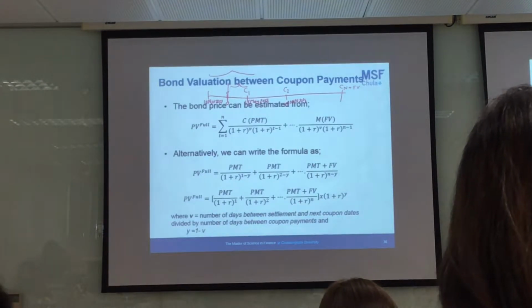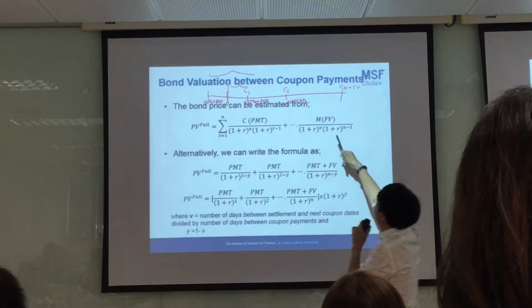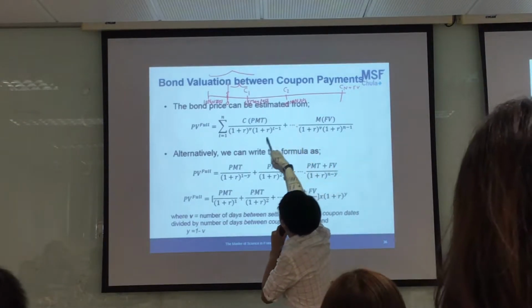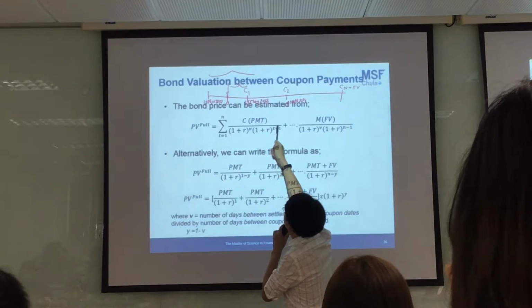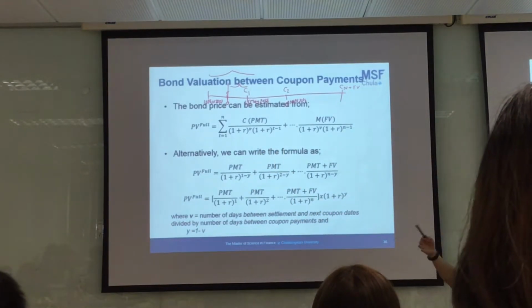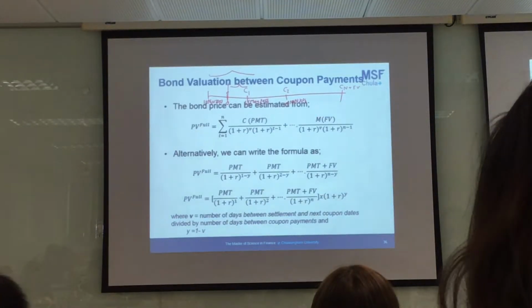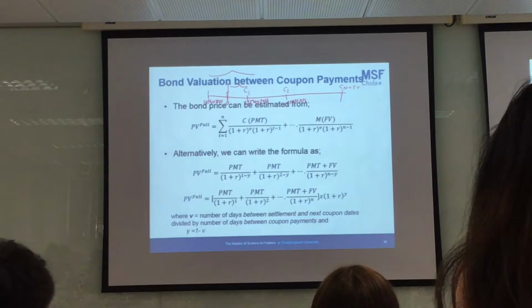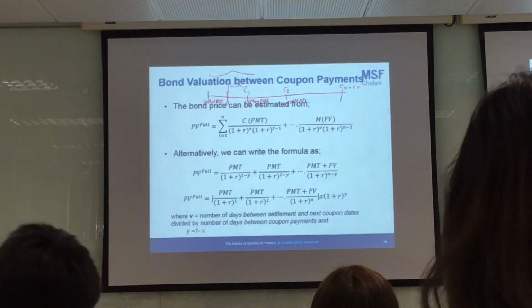For the second coupon payment, it will be when t equals 2. So you plug in t equals 2, and you have the second coupon payment, C2, divided by 1 plus RV multiplied by 1 plus R1, right? And so on. By using this equation, it may be hard enough to solve for the full price of the bond.